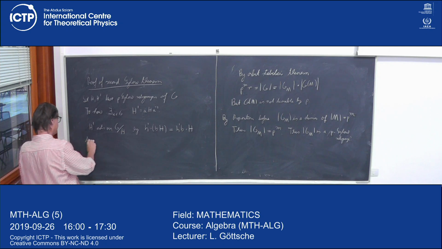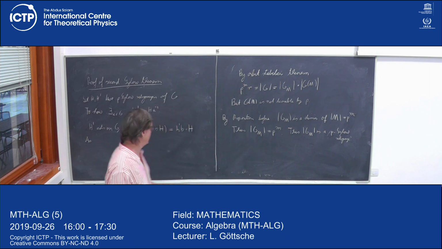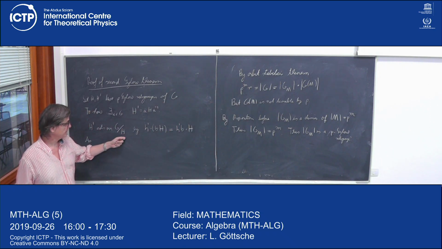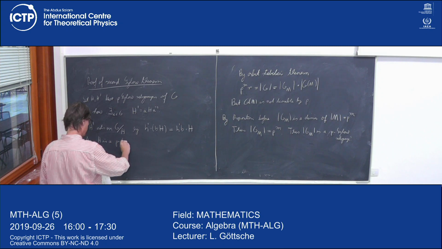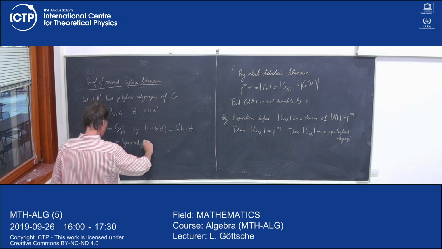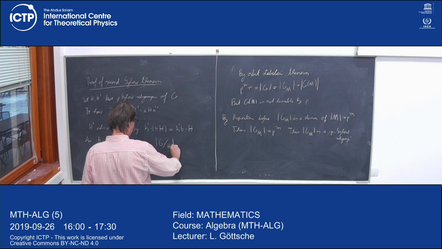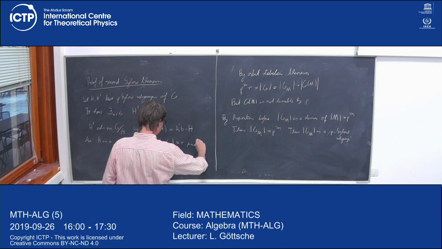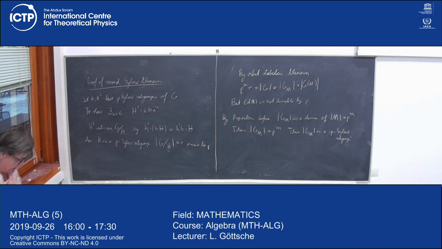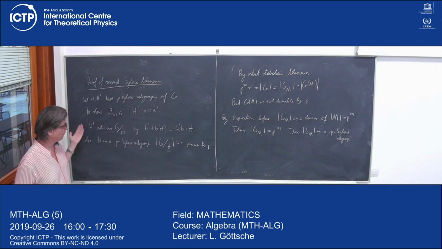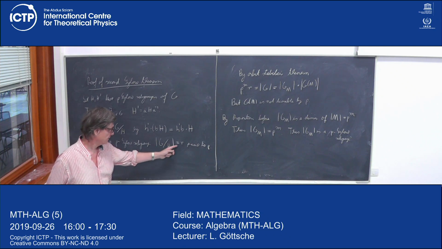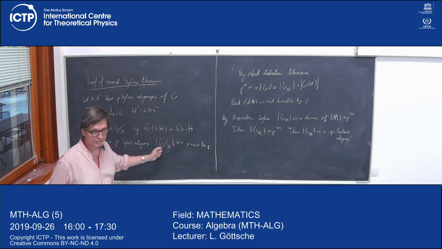And we do again something similar about something being prime to P. Because we know, as H is a Sylow subgroup, the number of cosets is equal to R, which is prime to P. So therefore, as before, there must be an orbit such that the number of elements in the orbit is prime to P. Because the number of elements here is the sum of the number of elements of all the orbits of the action.